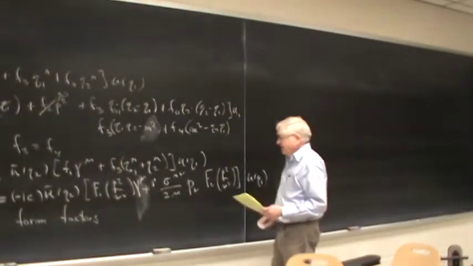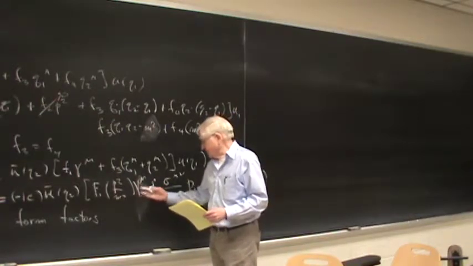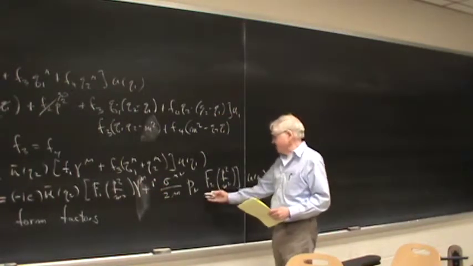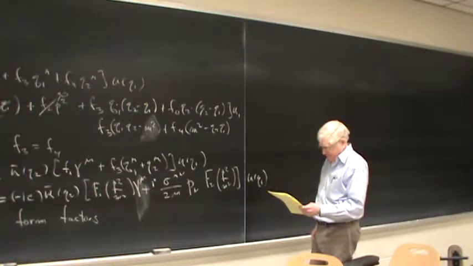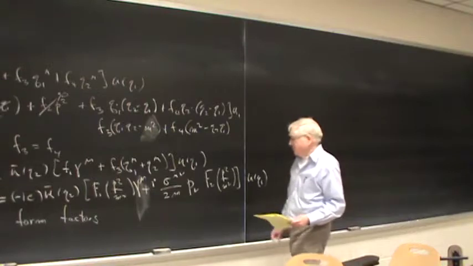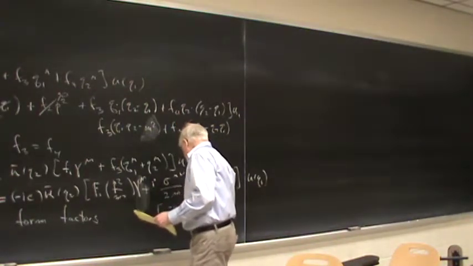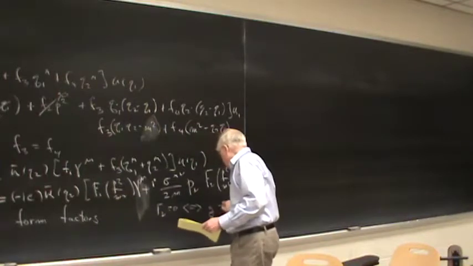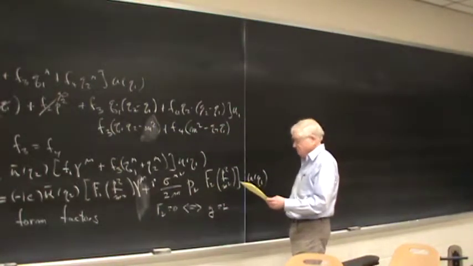Now, the F1 affects the gamma mu, and this is basically related to charge renormalization. This is related to the magnetic moment. And if you have F2 equals 0, that's the same thing as G equals 2, which comes from Dirac's equation.